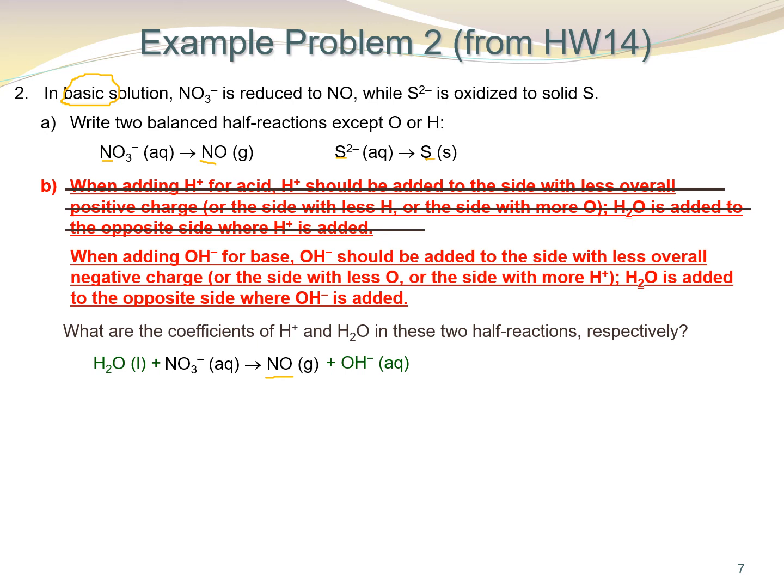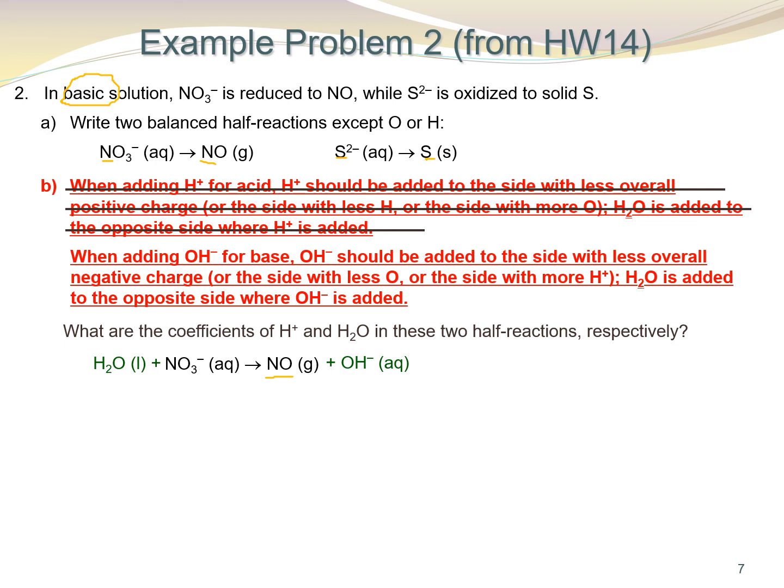Now that becomes even more difficult for us to balance this half reaction, because we got oxygen everywhere in every species, hydrogen, yes. Okay, that's still going to be difficult. Of course, we can play the numbers, play the coefficients on the water and hydroxide, hoping that we can figure this out.